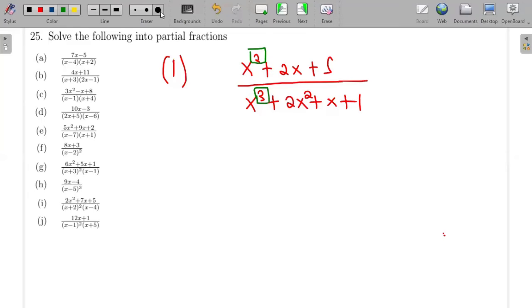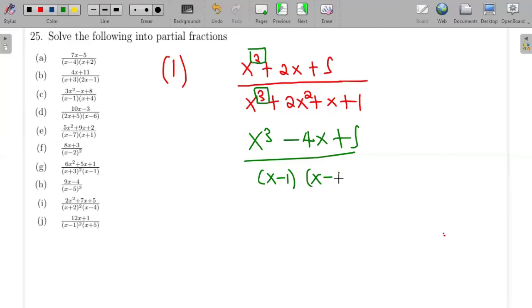So let's say, for example, I have something like x to the power 3 minus 4x plus 5, divided by (x minus 1)(x minus 2). The highest power in the numerator, I can see, is 3. What is the highest power of x in the denominator?